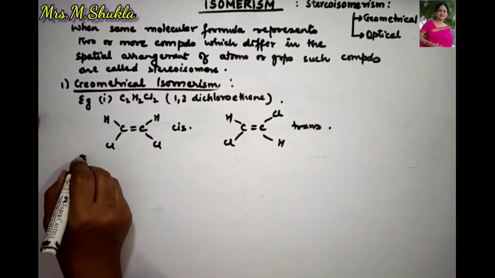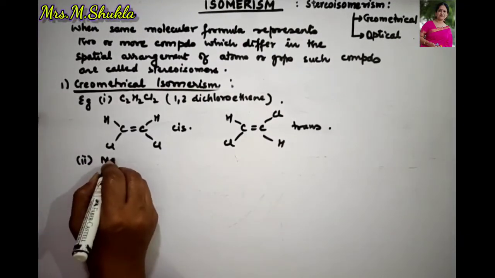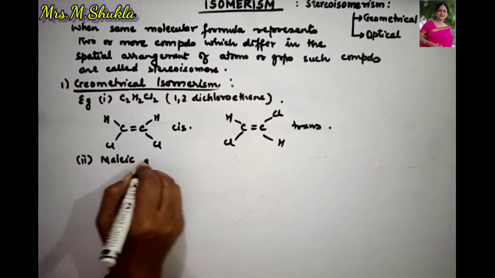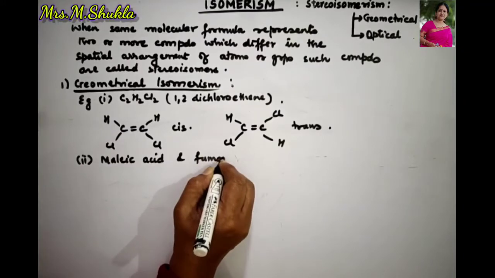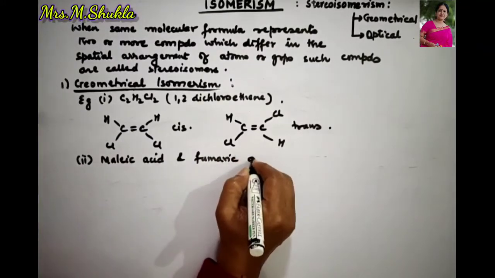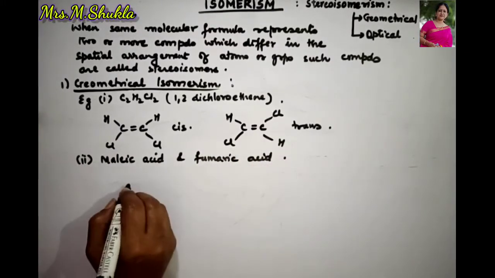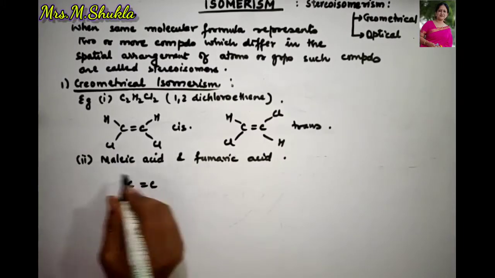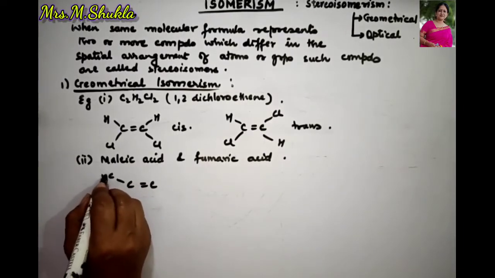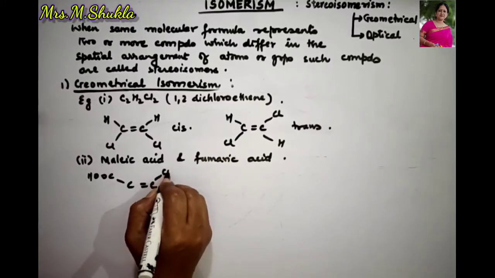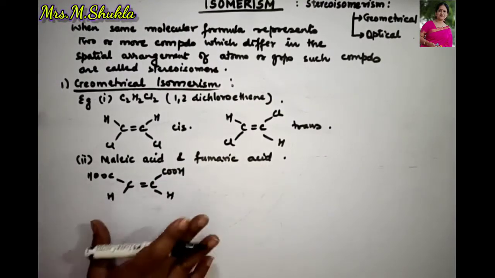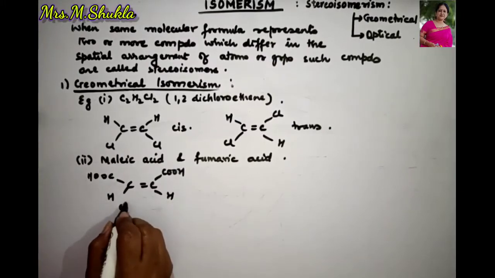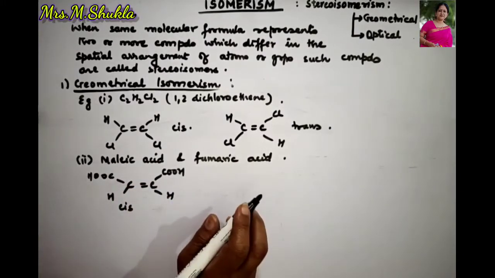Let's take one more example, maleic acid and fumaric acid. So here, carbon-carbon double bond, both COOH on one side, and H and H on the other. So what have I formed? This is my cis maleic acid.